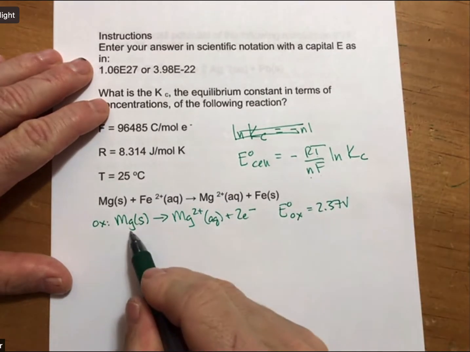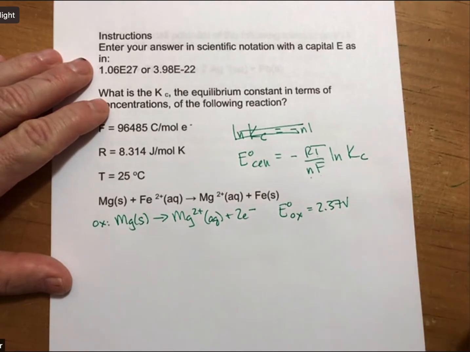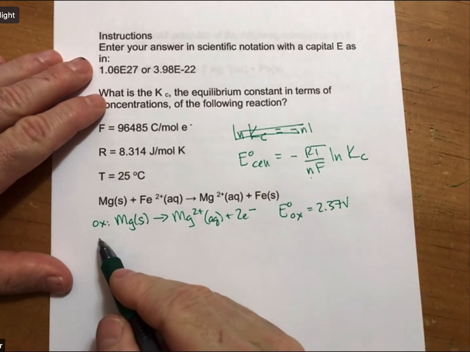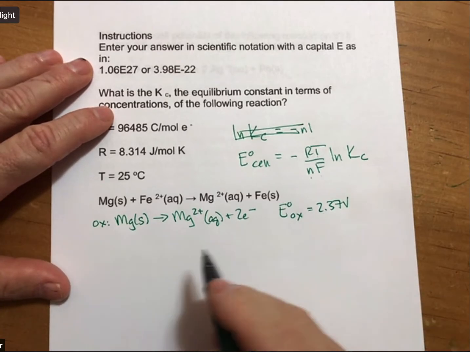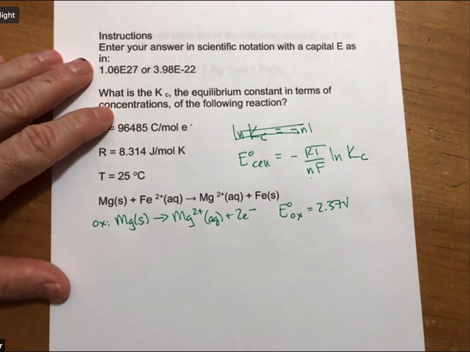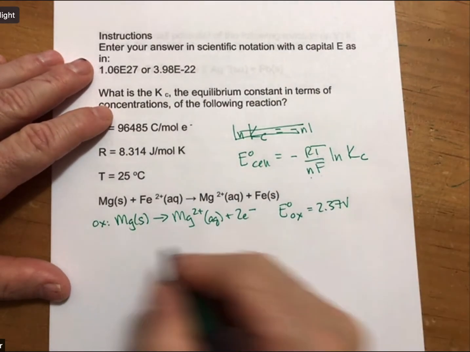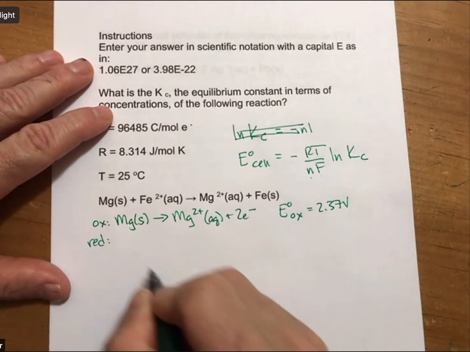Again, remember we flipped the reactants and products because that's how you get an oxidation half reaction, and we changed the sign of the potential from minus 2.37 on our SRP table to plus 2.37.